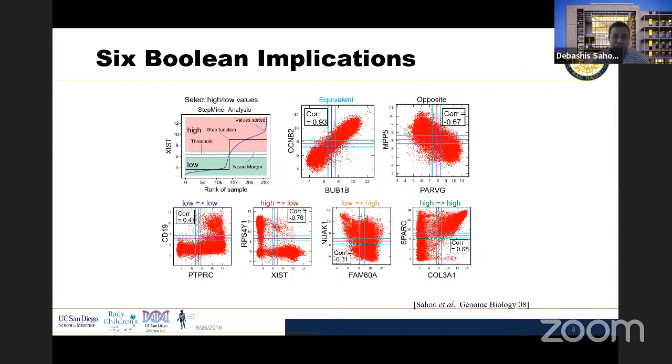Whereas I'm going to tell you that these are the most informative cases, where we can actually use them to come up with targets. In some of these cases, you can see the correlation be even better. You can see the opposite relationship here has a correlation of minus 0.67, whereas this relationship, where we call it high implies low, XIST high implies RPS4Y1 low, has a better correlation than this one.